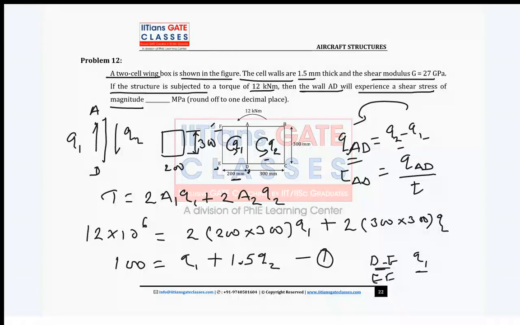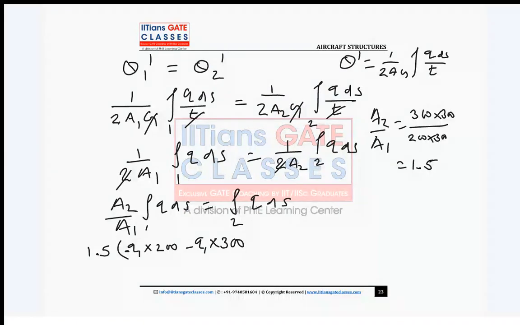Minus Q1. Everybody understanding why minus? Because we are going in the opposite direction of the shear flow coming. So it is minus Q1 into 200.